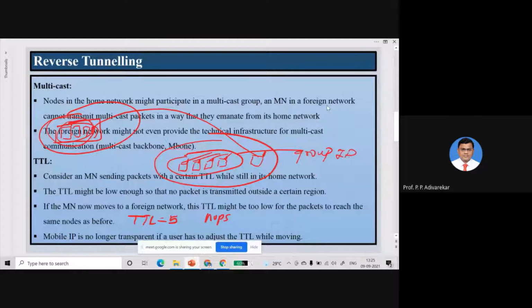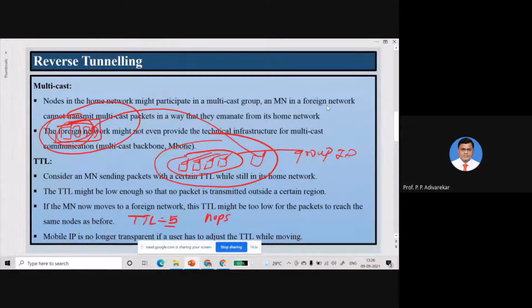It will work when the mobile node is in the home network, because the path is clear, already calculated by the home router or home agent. But if this TTL is low, the packet will not be transmitted outside that particular region.